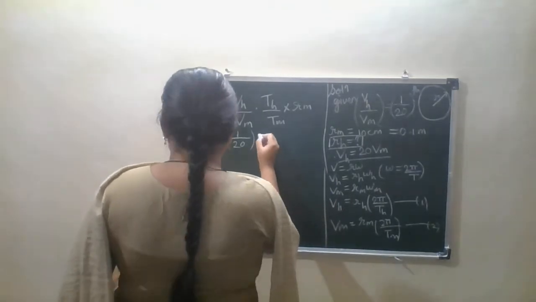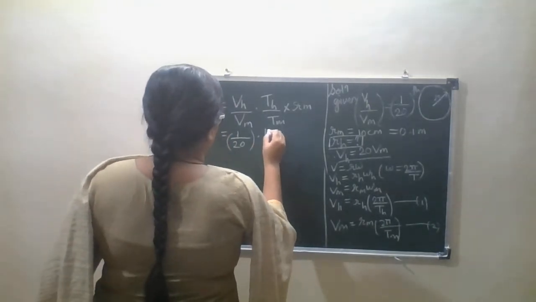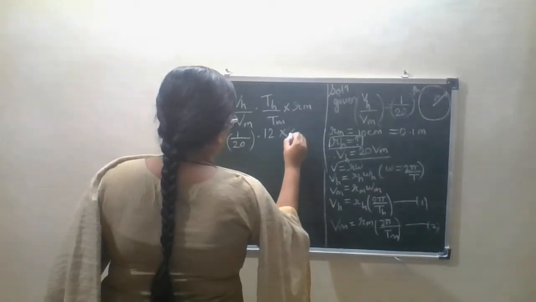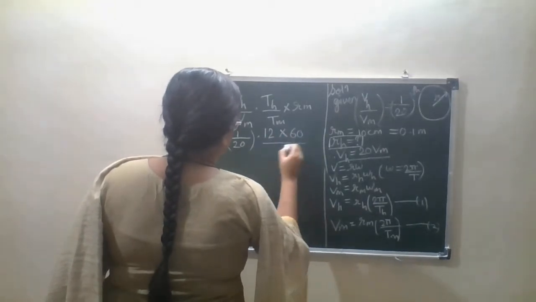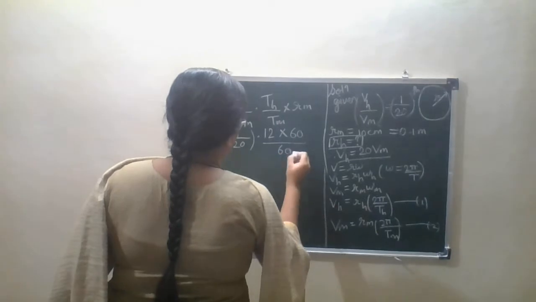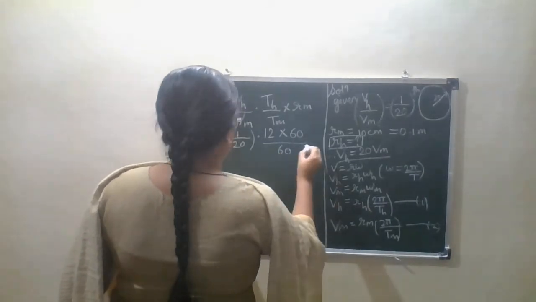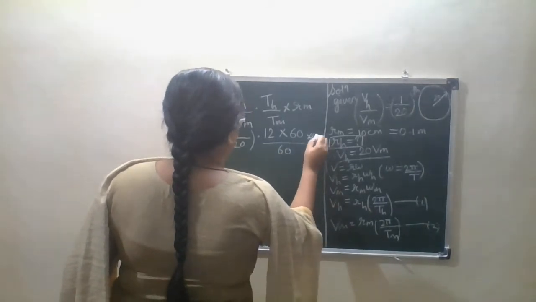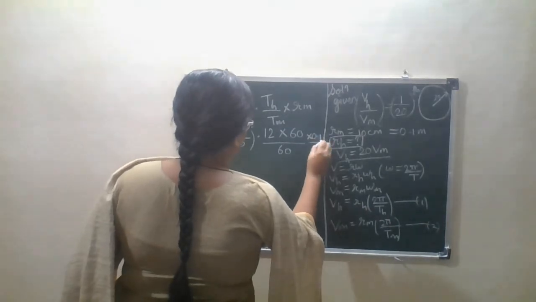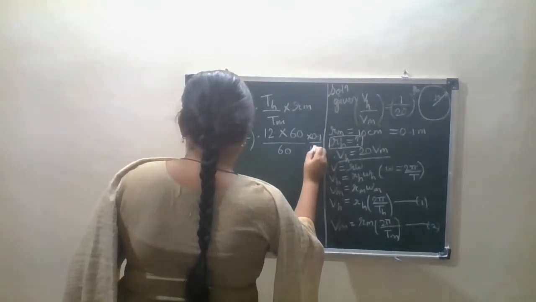So here it will be 12 into 60 divided by 60 into rm, that is 0.1 divided by 10.